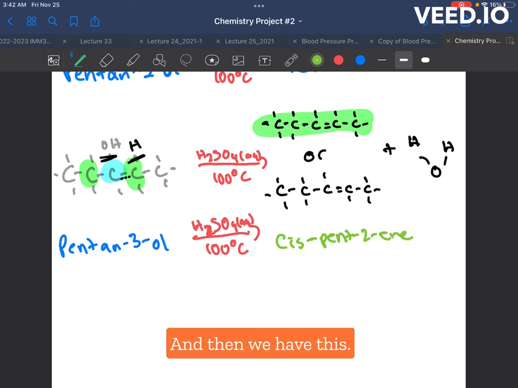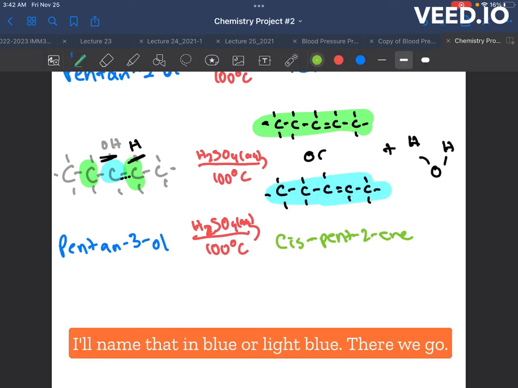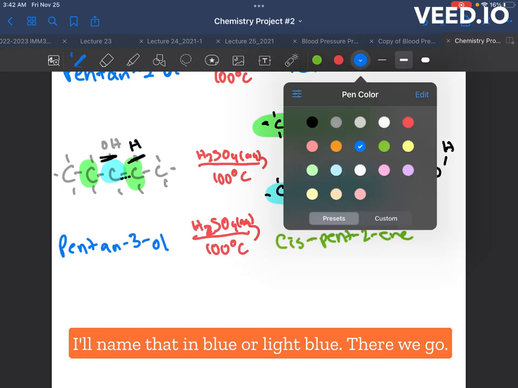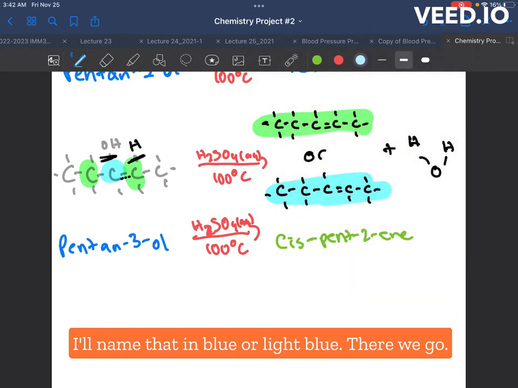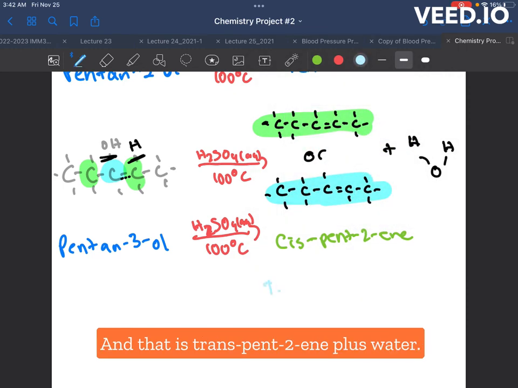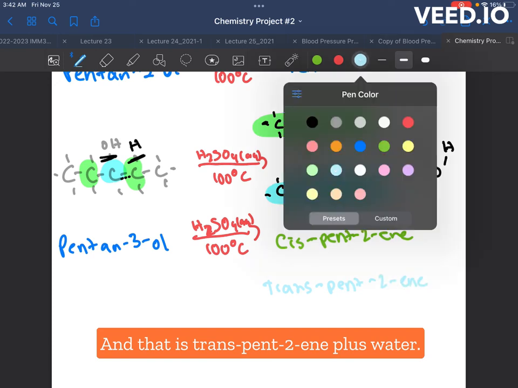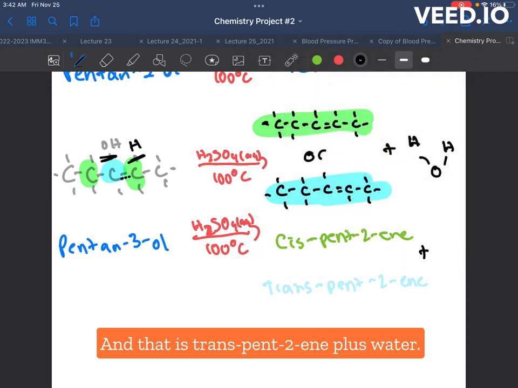And then we have this, I'll name that in light blue. And that is trans-pent-2-ene plus water.